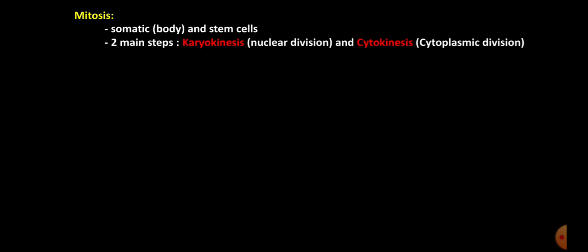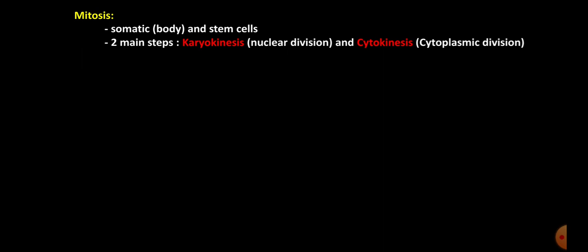Second one is cytokinesis, which is cytoplasmic division. So cyto has come from the cell or the cytoplasm and kinesis is the division. So the cytoplasm or whole of the cell divides into two and thus it is called cytokinesis.